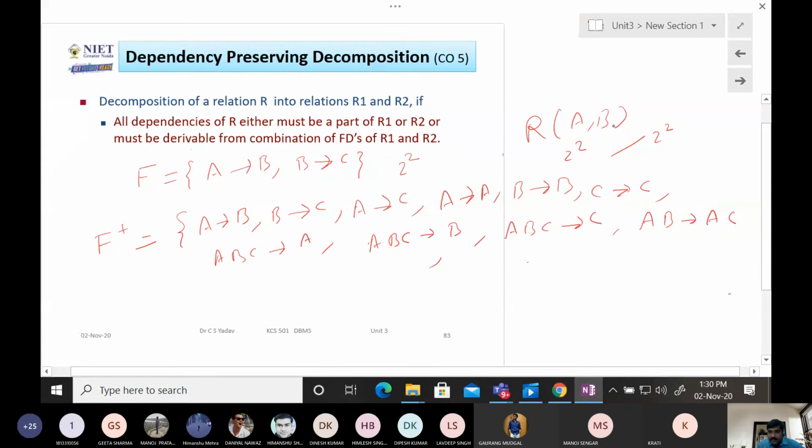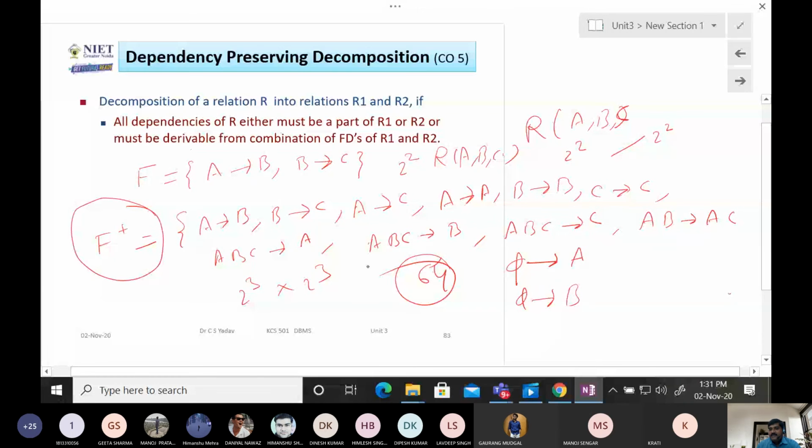But if R consists of three attributes A, B, C, then the maximum is 2 to the power 3, which is 8, times 8, which is 64. And among the 64, some are not legal, so we will discard those. In this way we will find the closure of an FD set.